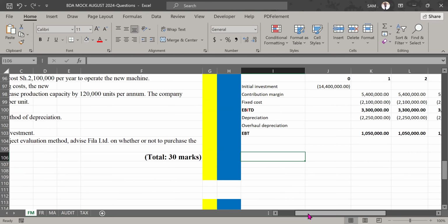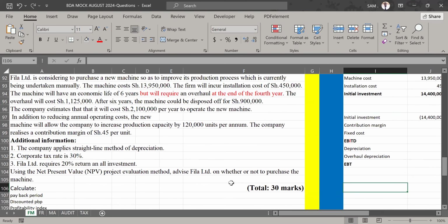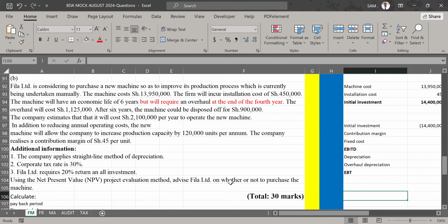That will come out from the language of the examiner. In most cases, if it is a maintenance cost, they will just tell you that to run the machine, there will be a maintenance cost of this amount per year. In that case, do not capitalize. If you don't capitalize, there will be no overhaul depreciation, because it will not have a significant effect on the value of the machine.